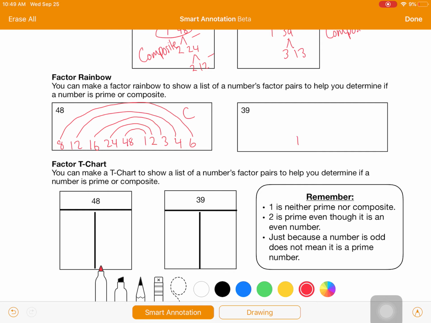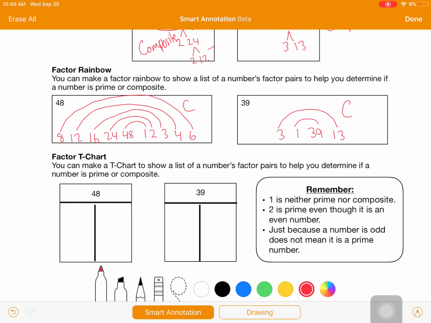For 39, I would have 1 and 39, and 3 and 13. Because I have more than just that one connection, this is a composite number. We can also put our factors into a T-chart to show a list of the factor pairs to help you determine if it is prime or composite.